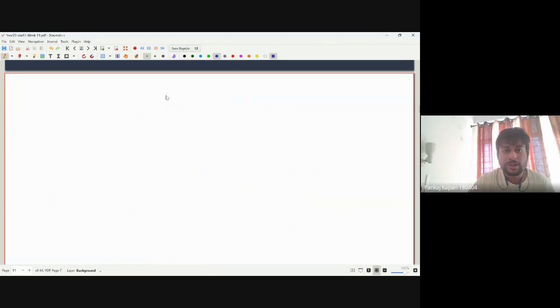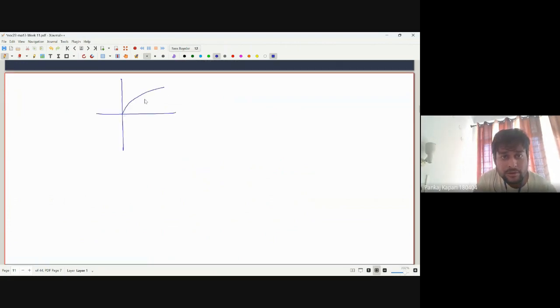Okay, so let me draw the figure once again. So this is 2 comma 2, and then we have this line y equal to minus 5 by 8, about which we are revolving this region. And we noted that if we take a small cell, then this will be the radius and this will be the height.